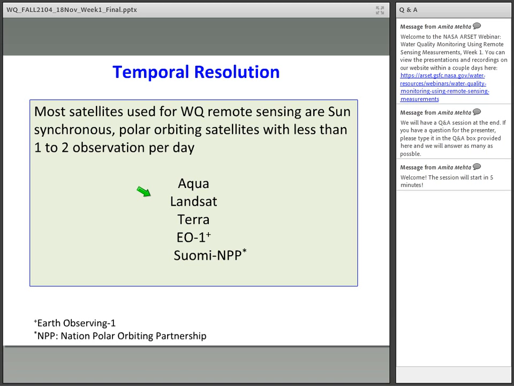So Aqua, Landsat, Terra, Earth Observing Satellite 1, and the Suomi National Polar Orbiting Partnership satellites. These satellites have sensors on them. They are very useful for monitoring water quality. So that is what we'll be focusing on. We've talked about all the orbits, but we're going to talk mostly about these polar orbiting satellites. There will be a future geostationary mission for water quality measurements that we will also look at in the next webinar or so.